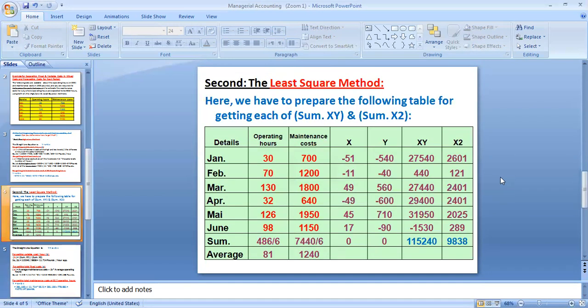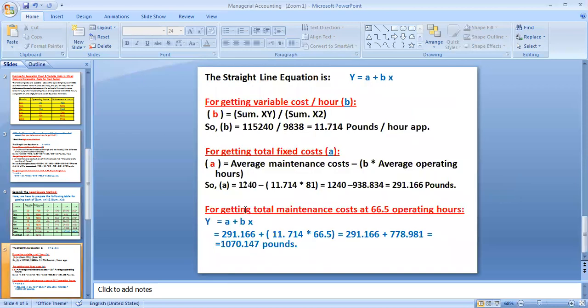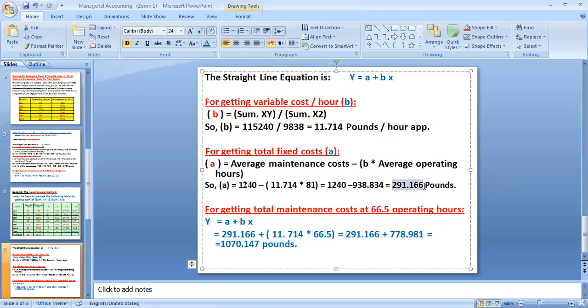The average cost I have is 140, the average number of hours is 81. So 140 minus 81 times 11.714 gives the result 291.166 pounds. It was 370 in the high-low method, so it is more accurate, as you have the fixed cost as a lump sum and the variable cost per hour.